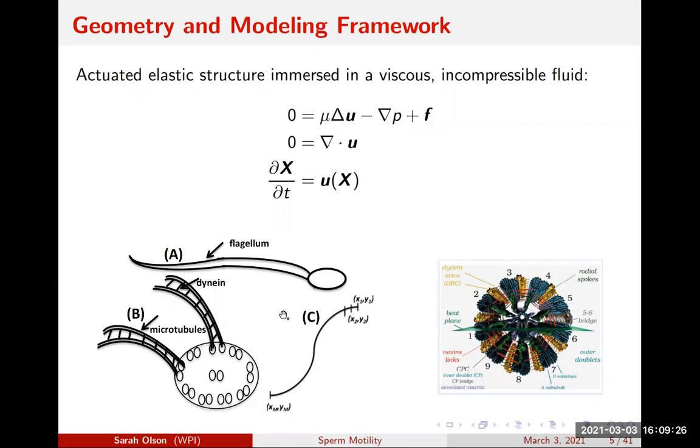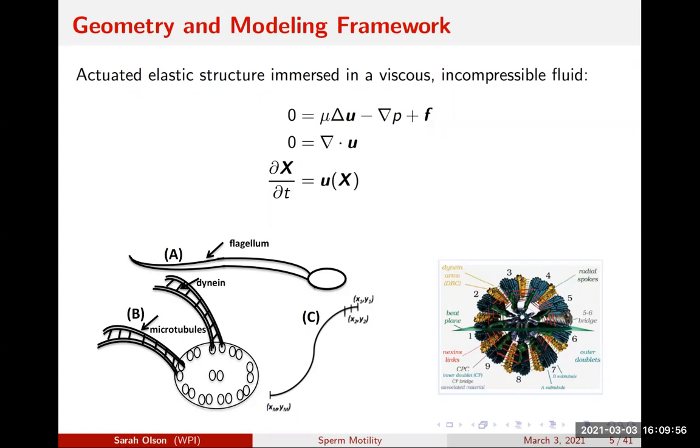So the way we thought about things is trying to simplify a lot of this complicated structure of the sperm flagellum into a very simplified representation. So going from these complicated interior dynamics to collapsing everything to a center line, and doing as best we can with just a simple center line representation for computational ease.